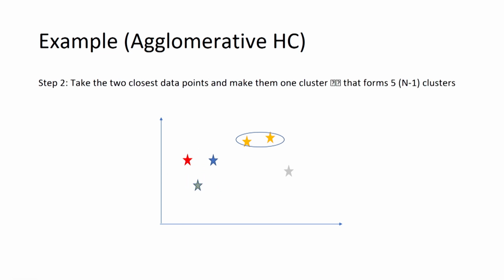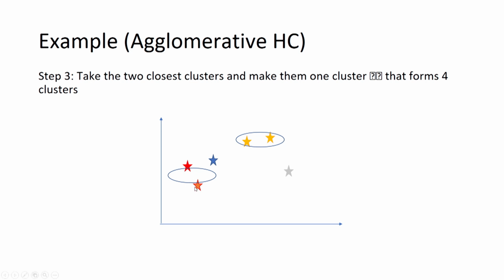After that we will again find the two closest clusters. Here we have 5 clusters, we will find the two clusters that are closest to each other, and suppose these are the two closest clusters. Again we will merge these two clusters, and in this way we will now have 4 clusters.